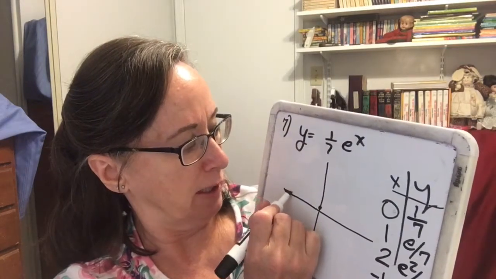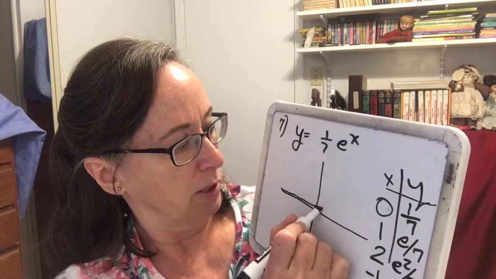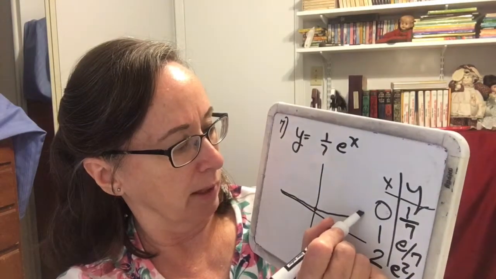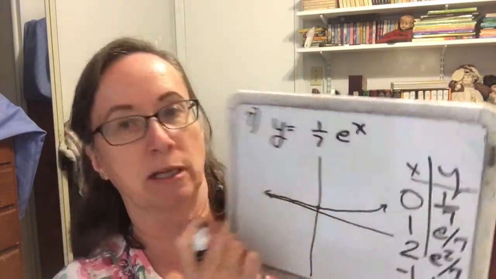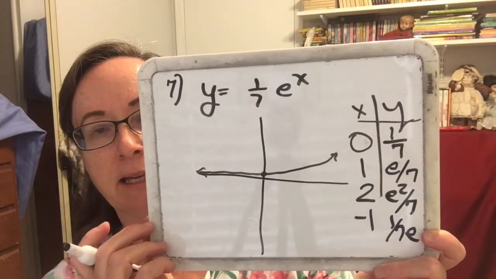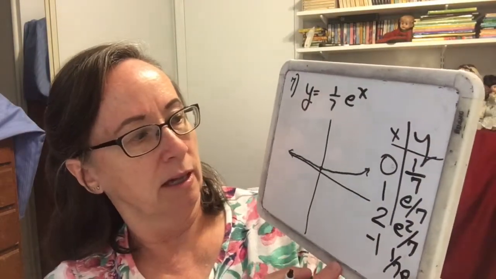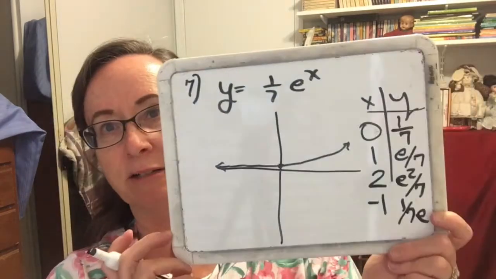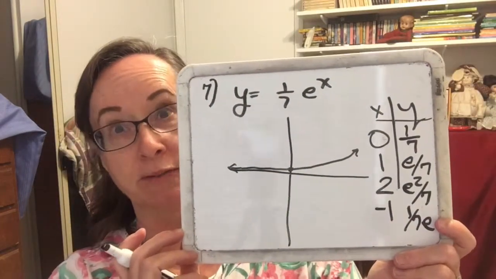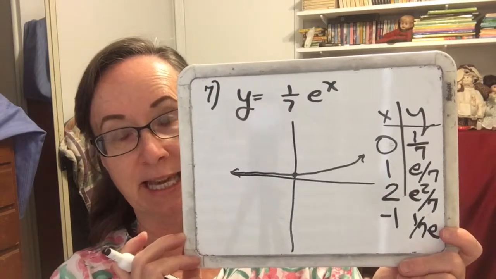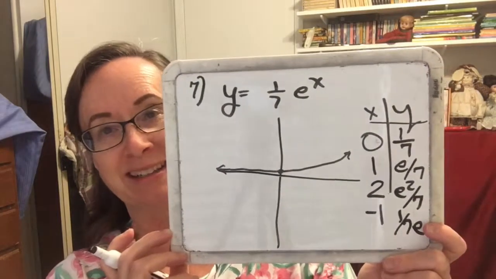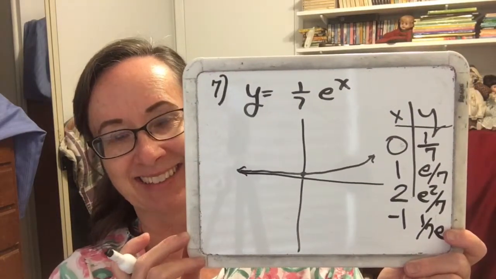It will eventually go up, but just at a much slower rate. So it'll look something like that because everything's being cut by 7 as it goes. All right, so it's just a gentler slope, but it will eventually climb because the exponential will grow faster than the 7.